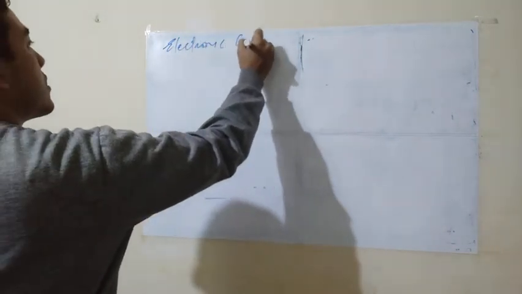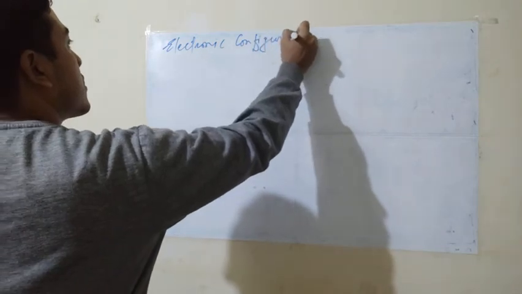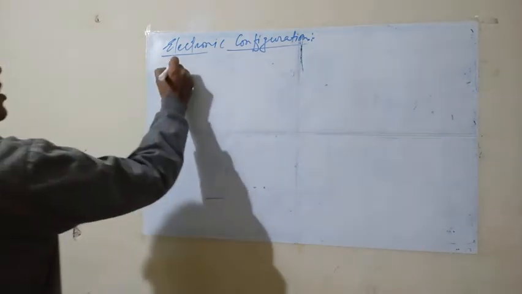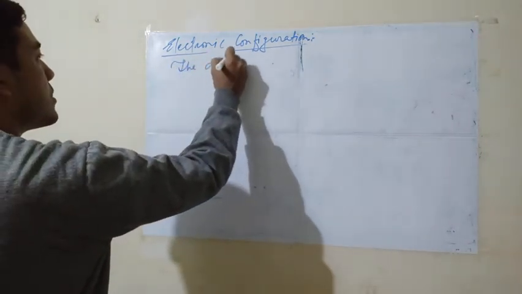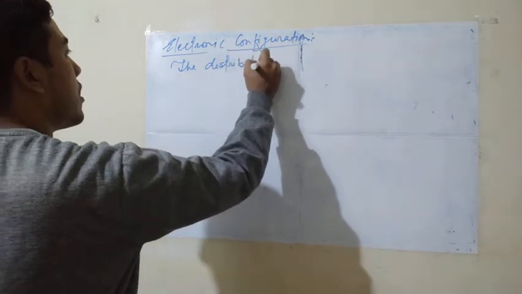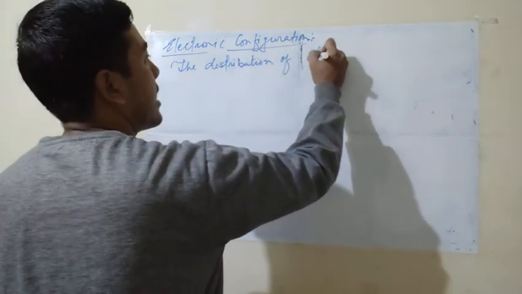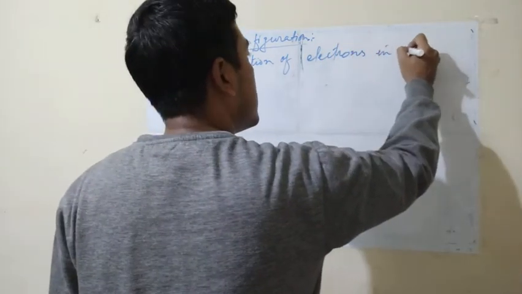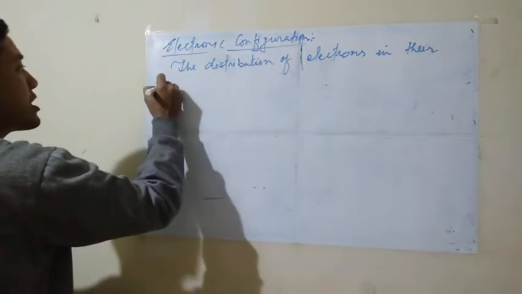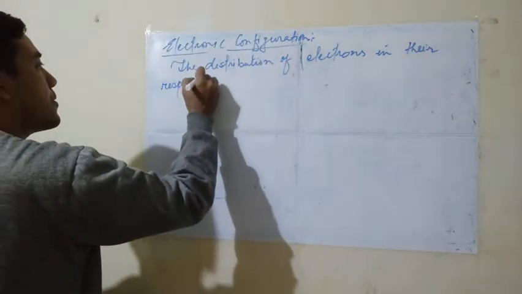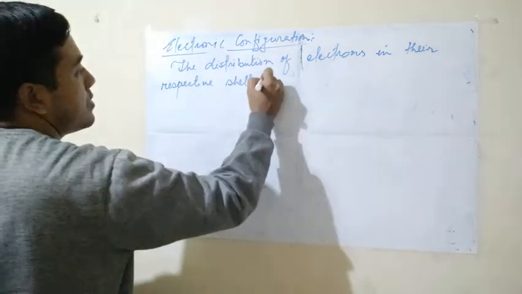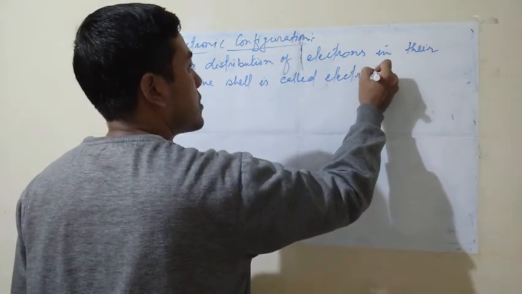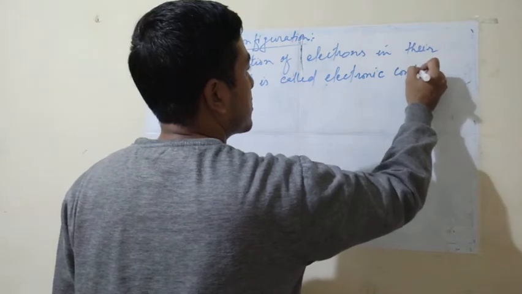Now, look here, electronic configuration is what? That is the distribution of electrons in their respective cell is called electronic configuration.